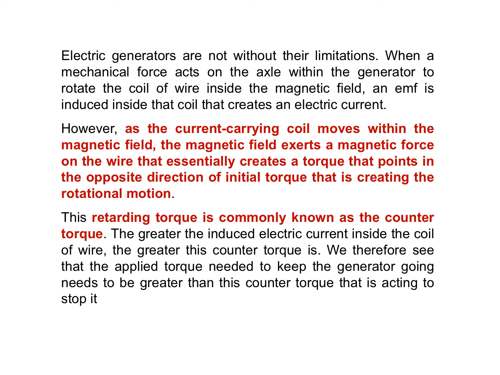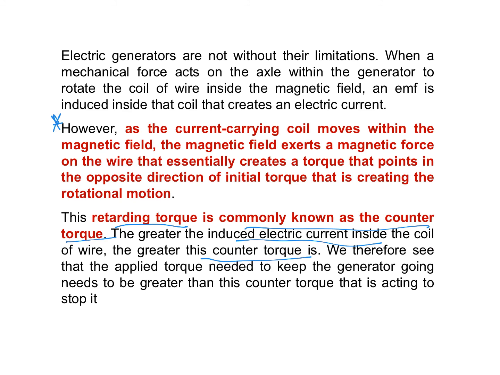So I already explained how the drag torque or back EMF is produced. This retarding torque is commonly known as the counter torque, or drag torque, or another name, back EMF. The greater the induced electric current produced, the greater the counter torque is.